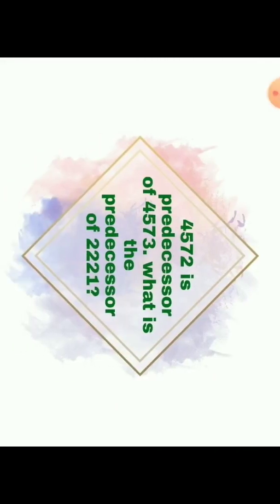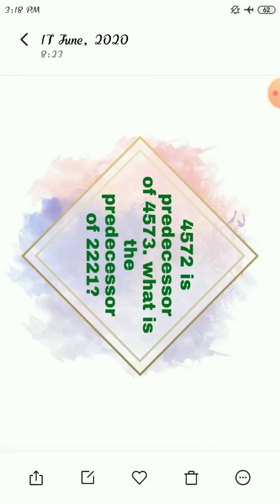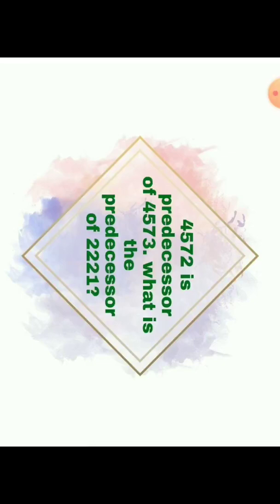Now see children, here we have found another new word, predecessor. What is a predecessor? The number that comes just before a given number is called its predecessor. What is the definition of predecessor?